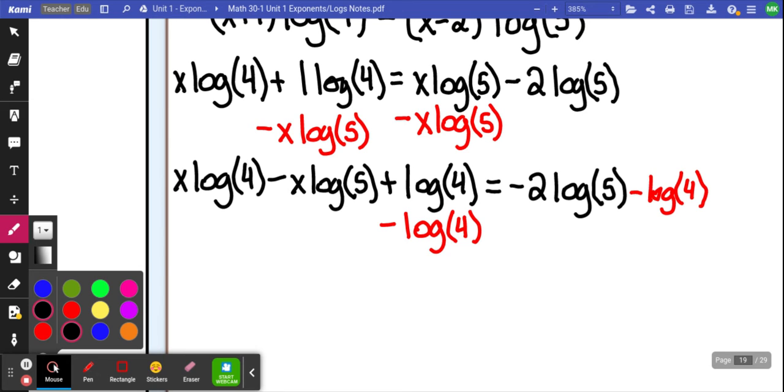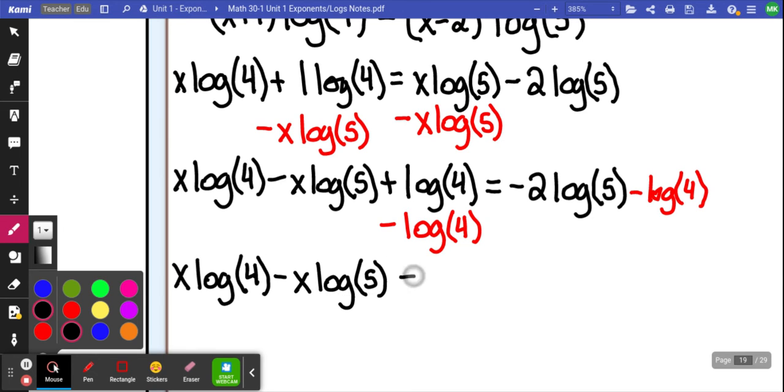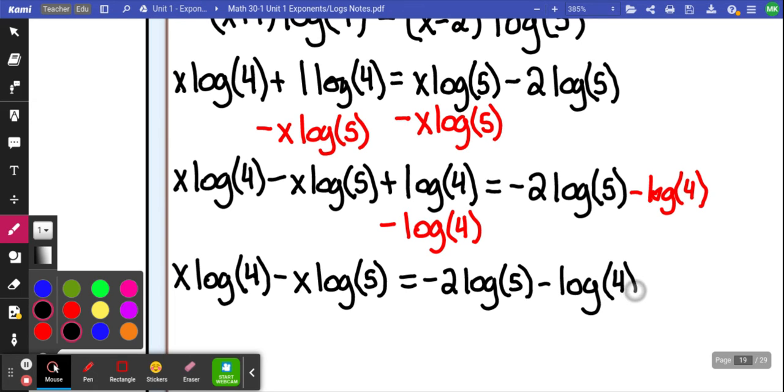Giving me x log 4 minus x log 5 equals negative 2 log 5 minus log 4. Make sure you have that written down.